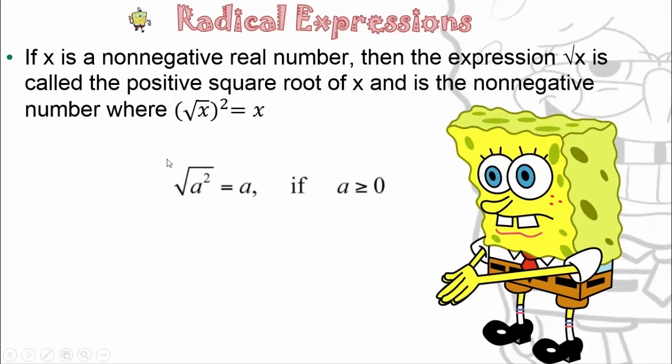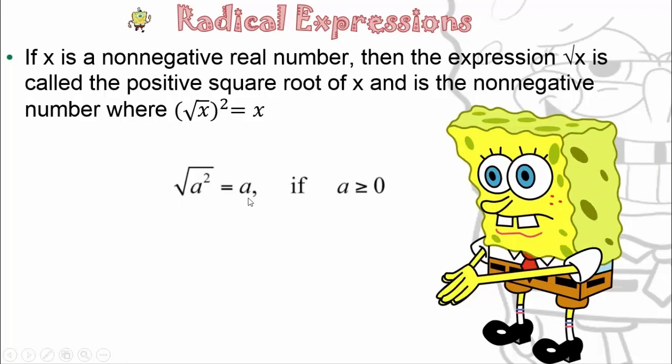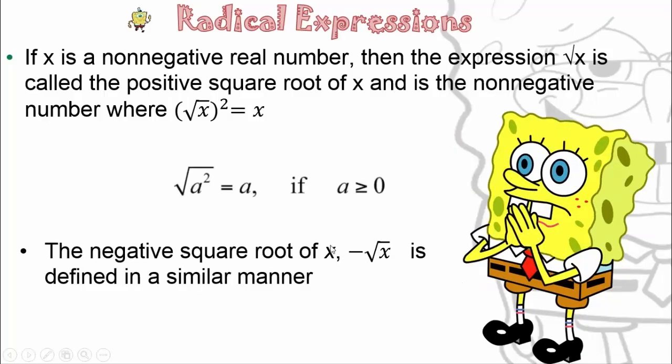So, for example, the rule is the square root of a squared is equal to a if a is greater than or equal to 0. The negative square root of x is defined in a similar manner. Notice how the negative is outside the radical sign.